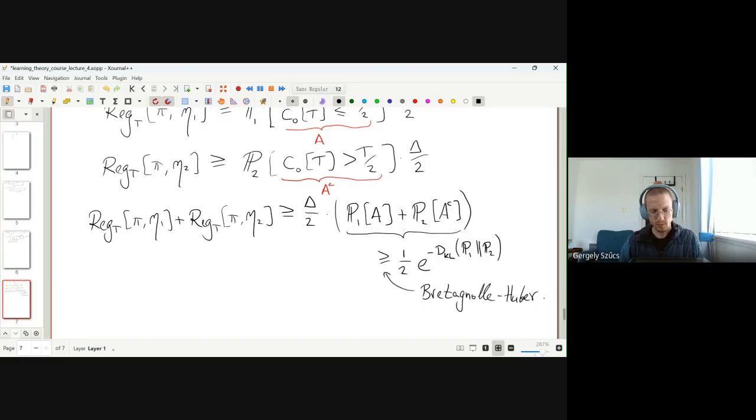Okay, so we're just going to use this out of the box right now, but if you're interested, you can look up on Wikipedia, for example, what this is. Okay, so we have a lower bound here. Now we just need to work out what this KL divergence is. Any questions about this, aside from this black box inequality that I'm using?